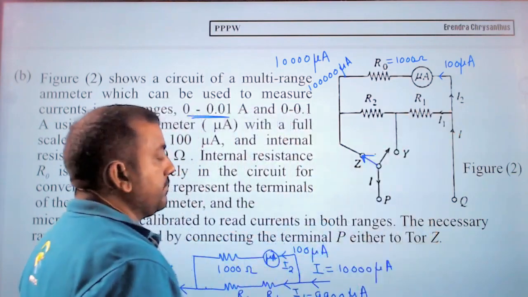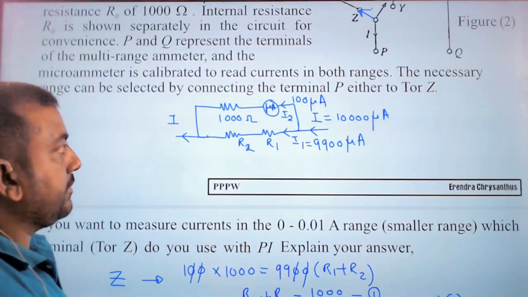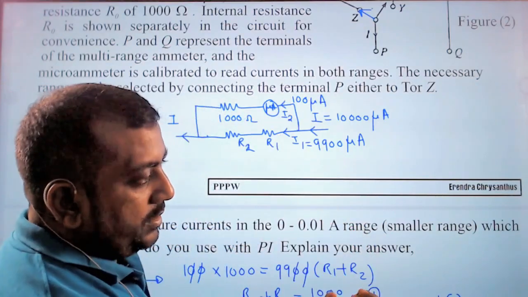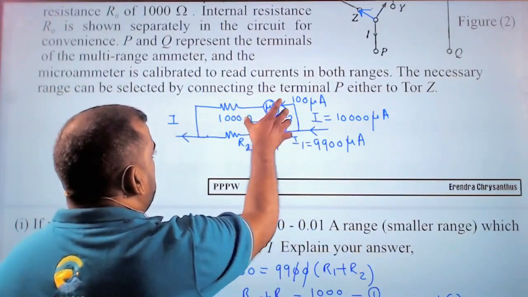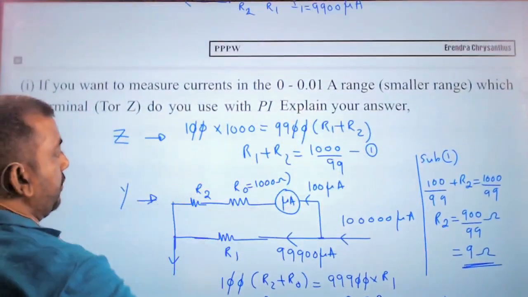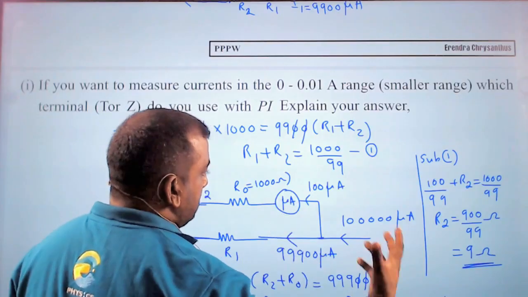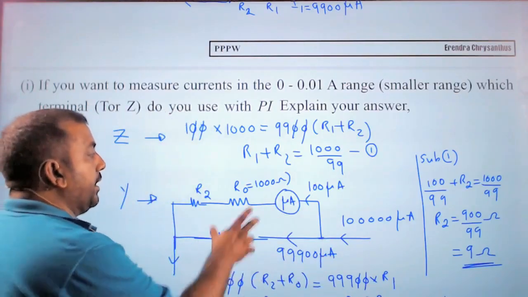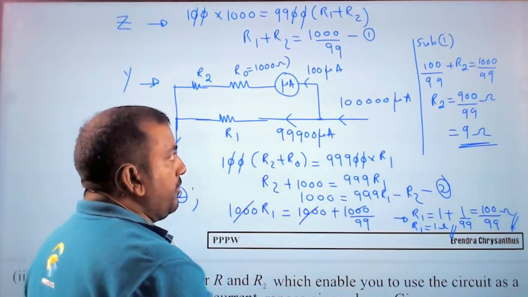There you go. Right. So here they are giving you the selection. I select Z for the range 0.01 amperes or 10,000 microamperes. So voltages in parallel are equated, and we get one equation. Then when the current range becomes large, resistance becomes small. Parallel, get another equation. Solve simultaneously, you can get R1 and R2.